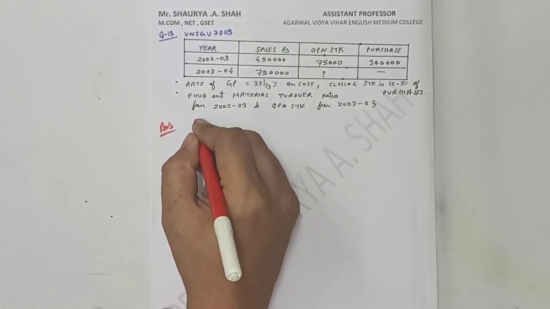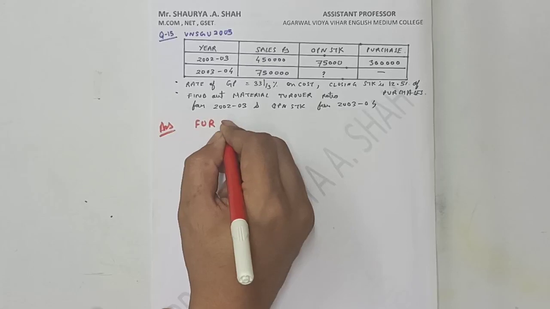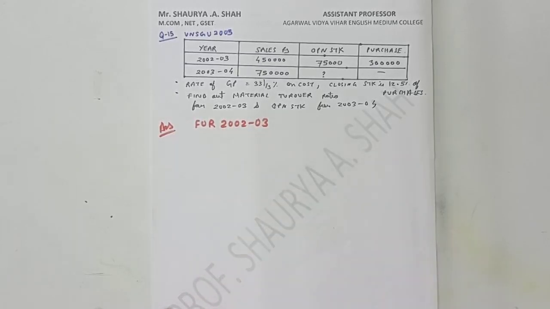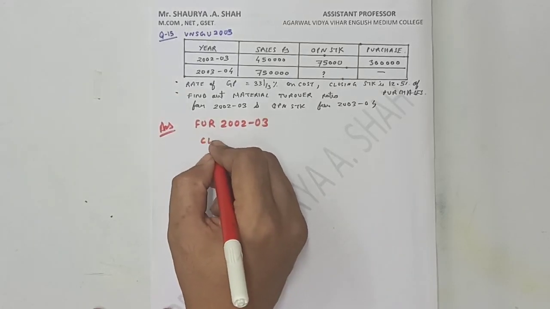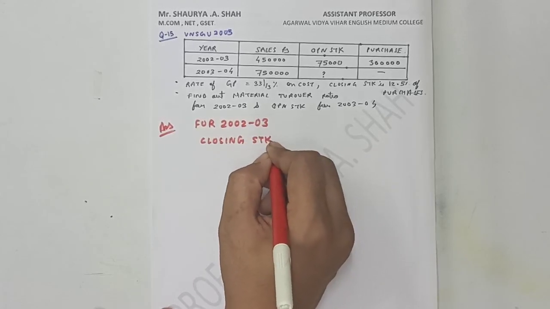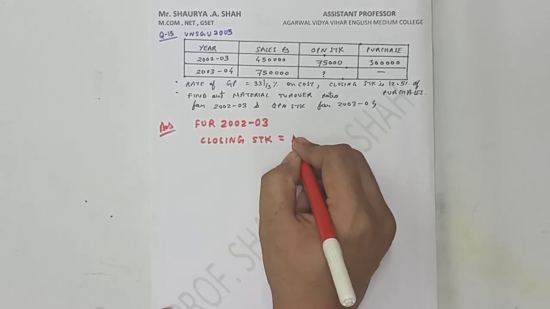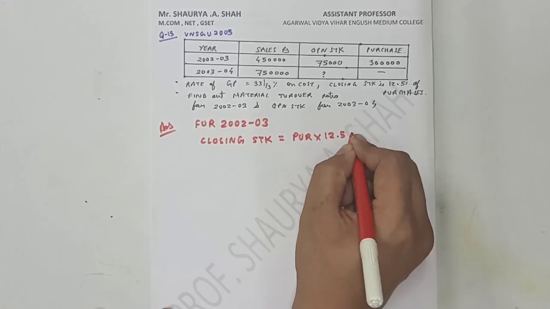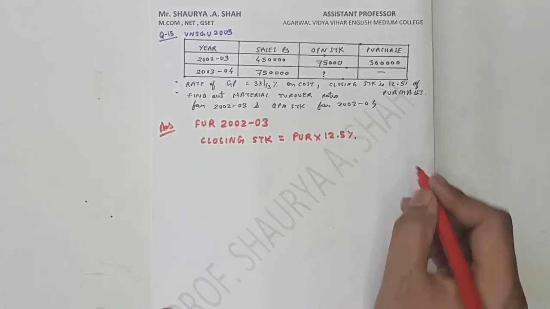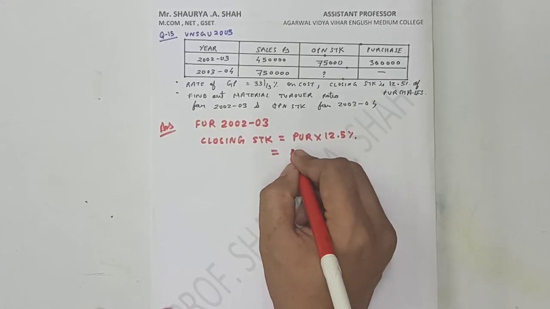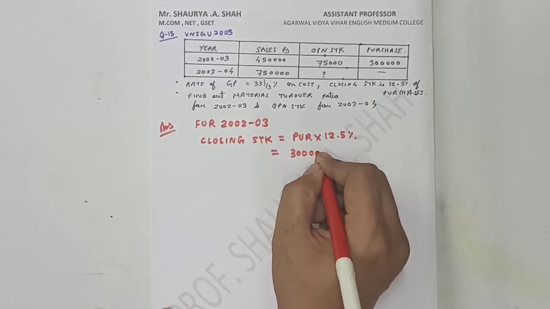So I can say for the year 2002-2003, my closing stock is equal to purchases into 12.5%. Whatever they have given, I have taken it. So closing stock will be, purchases is my 3 lakh rupees.